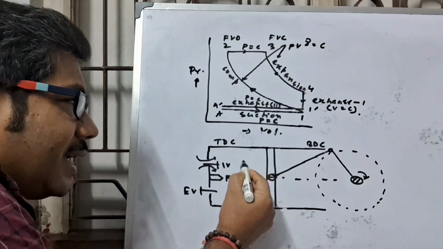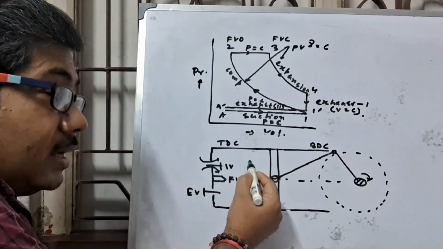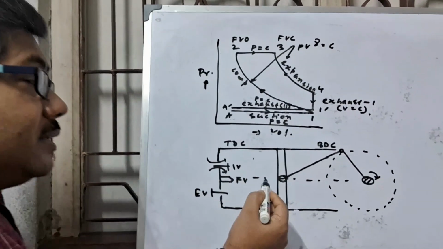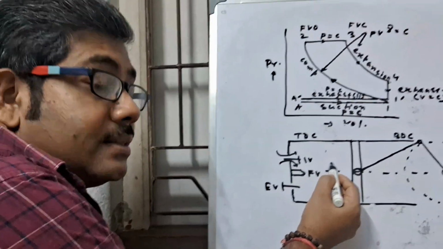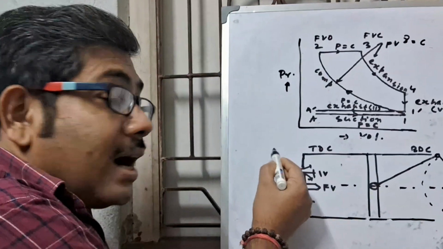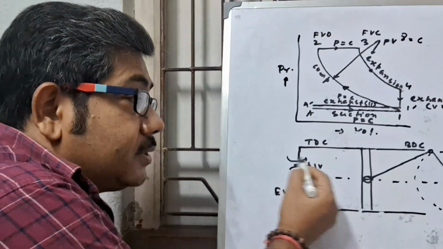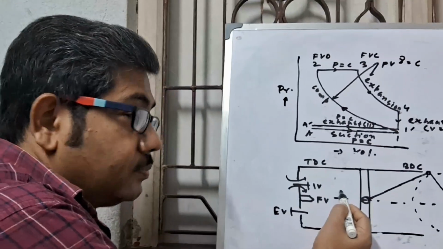The cylinder volume increases and pressure decreases. As the pressure inside the cylinder decreases, outside high pressure atmospheric air comes into the cylinder, and suction starts at constant pressure.